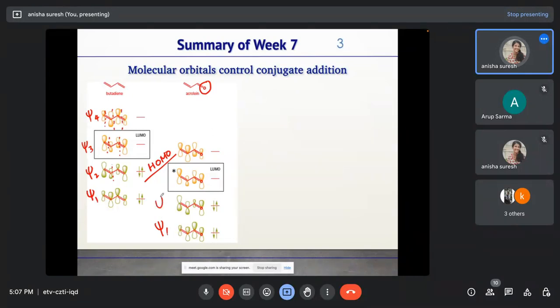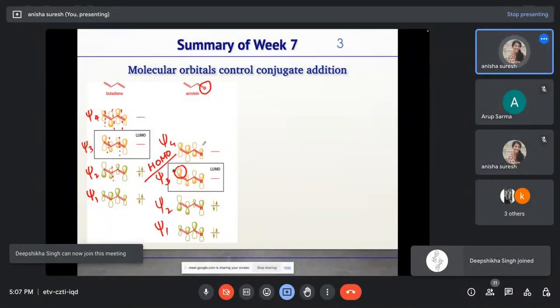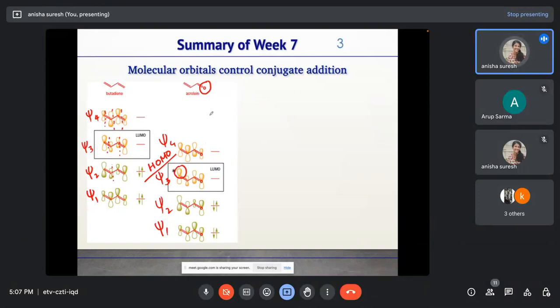In case of psi 2, the contribution of this orbital is lesser. In case of psi 3, this orbital has a greater contribution compared to others. And in case of psi 4, the contribution of this orbital will be lesser. So, similar to butadiene, here psi 2 will be the HOMO and psi 3 will be the LUMO.